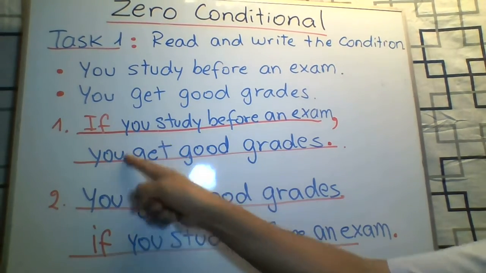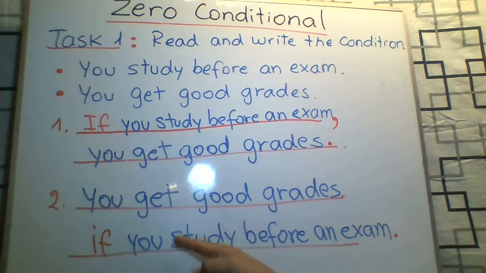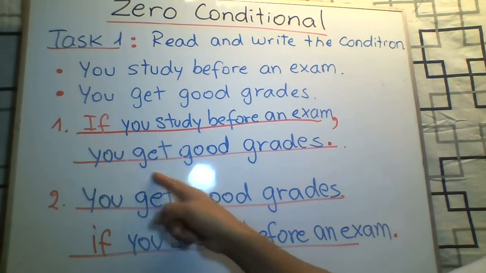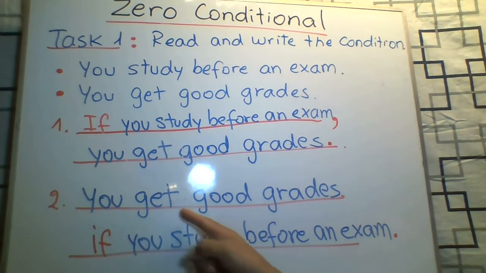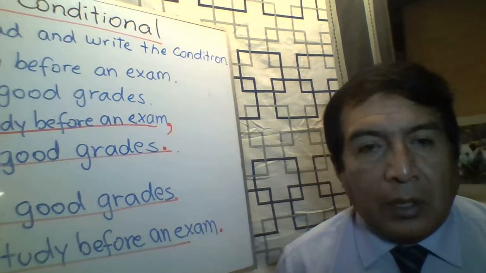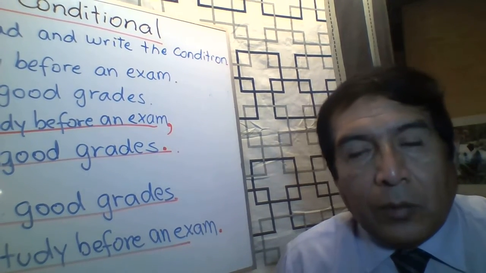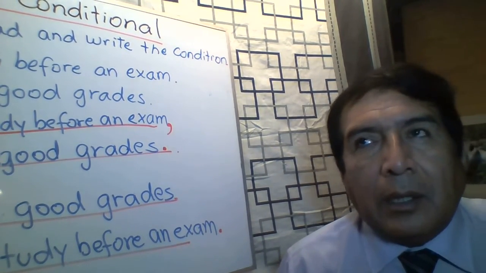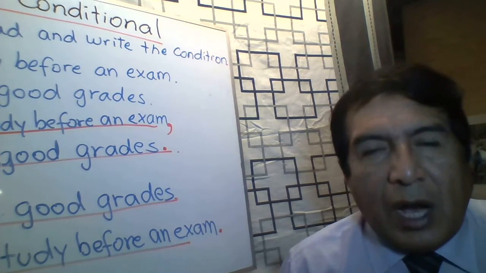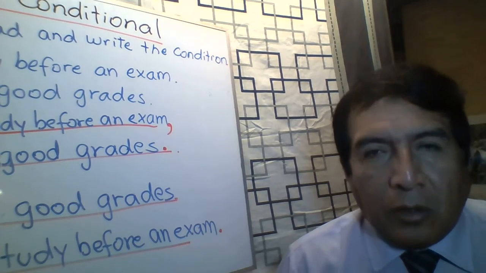Study, get, in both cases. In the first, get in simple present, and study in simple present. Don't forget that. So now I'm going to give you homework in a Word document, so you have to do it at home. Good luck.